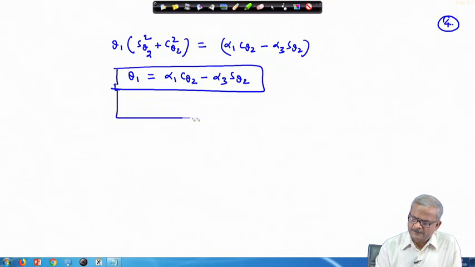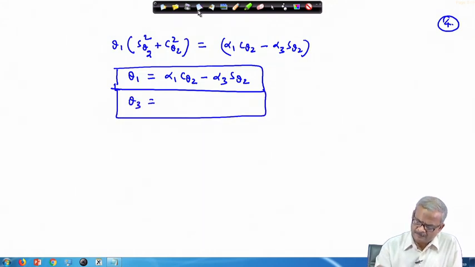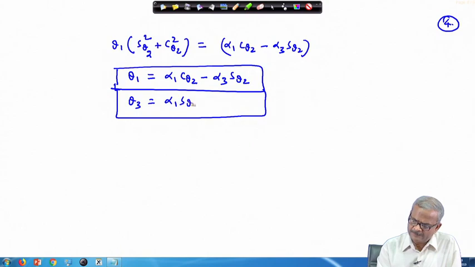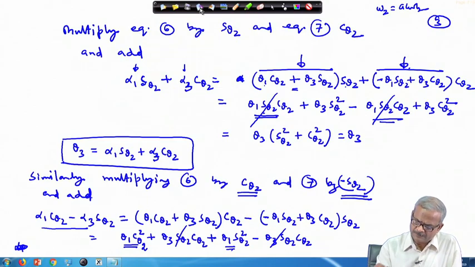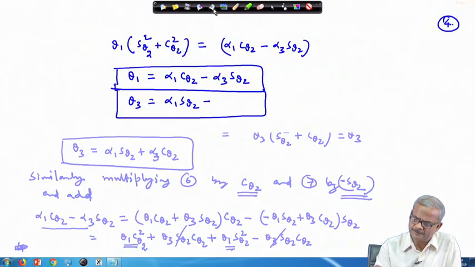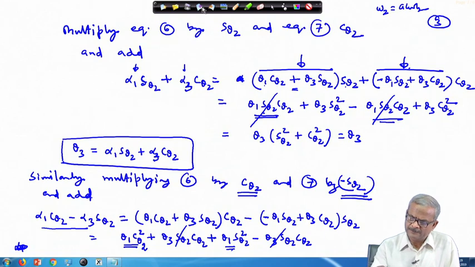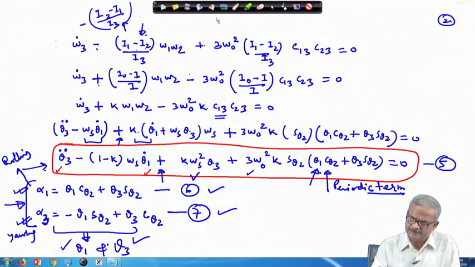So, finally, we conclude all the results here. So, theta 3 that we have got here in this place is alpha 1 s theta 2 plus alpha 3 c theta 2, and till now we have used the notation till 7.